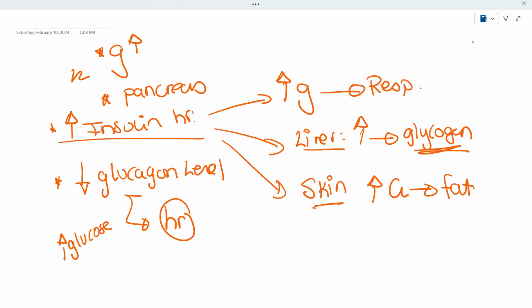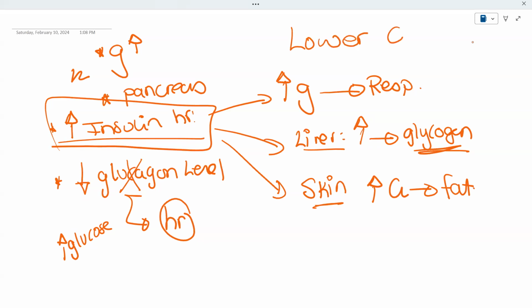The glucose levels are already high, so we don't want any more glucagon because we want to lower the glucose. So an increase in the insulin hormone lowers the glucose in the blood via those three steps, plus high insulin levels prevent the release of the glucagon hormone from the pancreas.